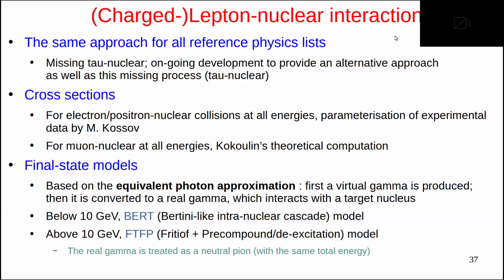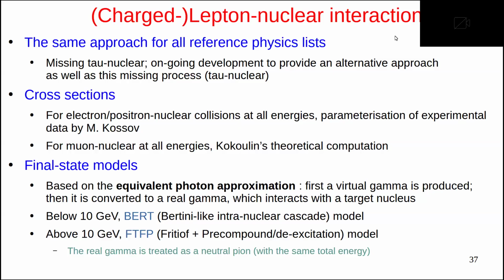So the approach is based on this photon, which means that first a virtual gamma is produced, and then via parameterization, it is converted to a real gamma, and then this real gamma interacts with the target nucleus.